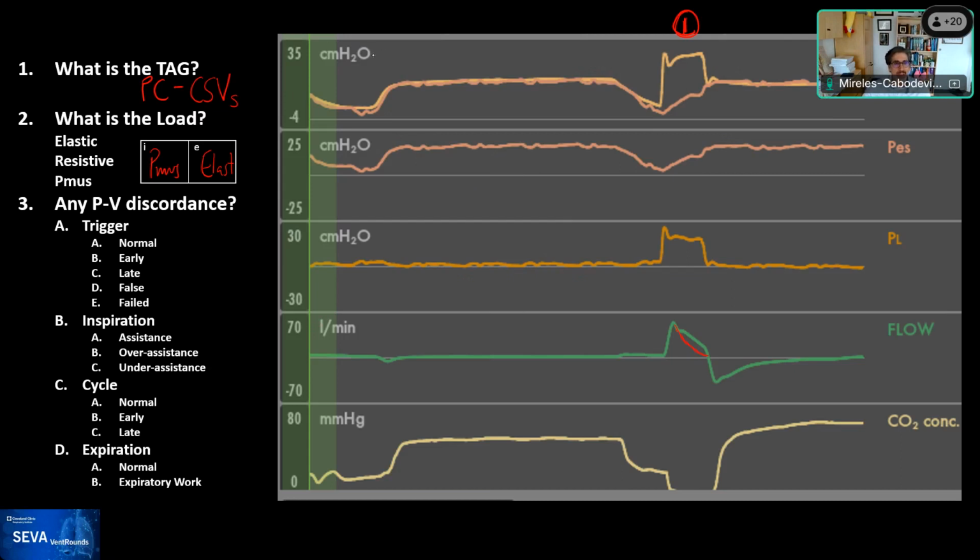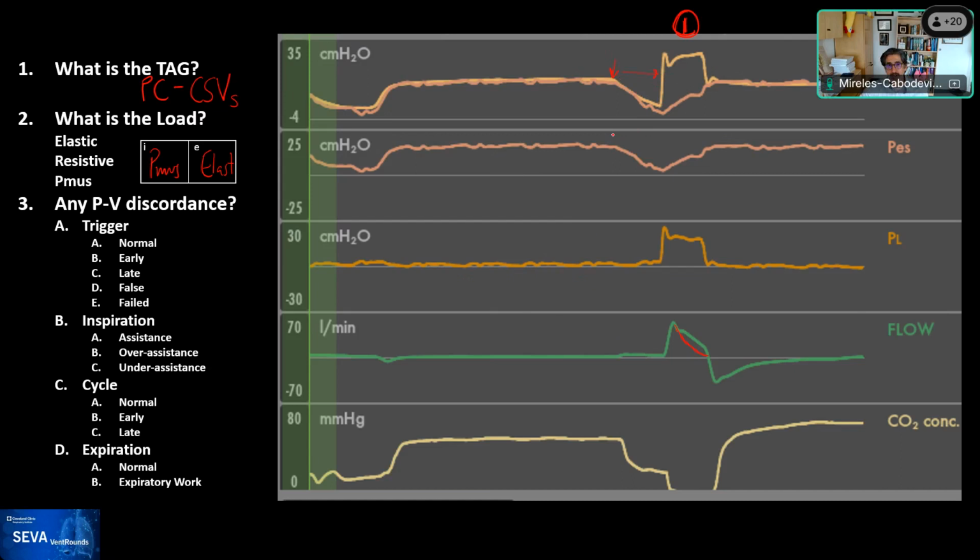Everybody recognized that there's a late trigger. So the breath starts right here, and you can see the amount of time that it takes for the mechanical breath to actually be delivered. So there is absolutely no question that this is a late trigger. And you can see that there are different markers here.